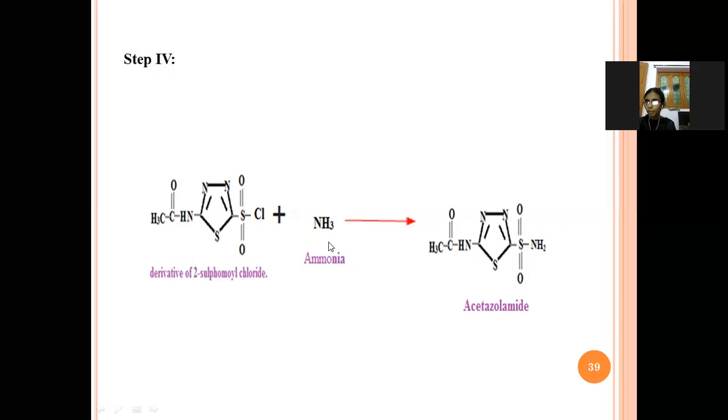One of the hydrogens and one of the chlorines will be eliminated in the form of HCl, and the remaining amine group will get attached at the sulfur atom to give the drug acetazolamide. Here one of the hydrogens and the chlorine atom get eliminated to give acetazolamide.